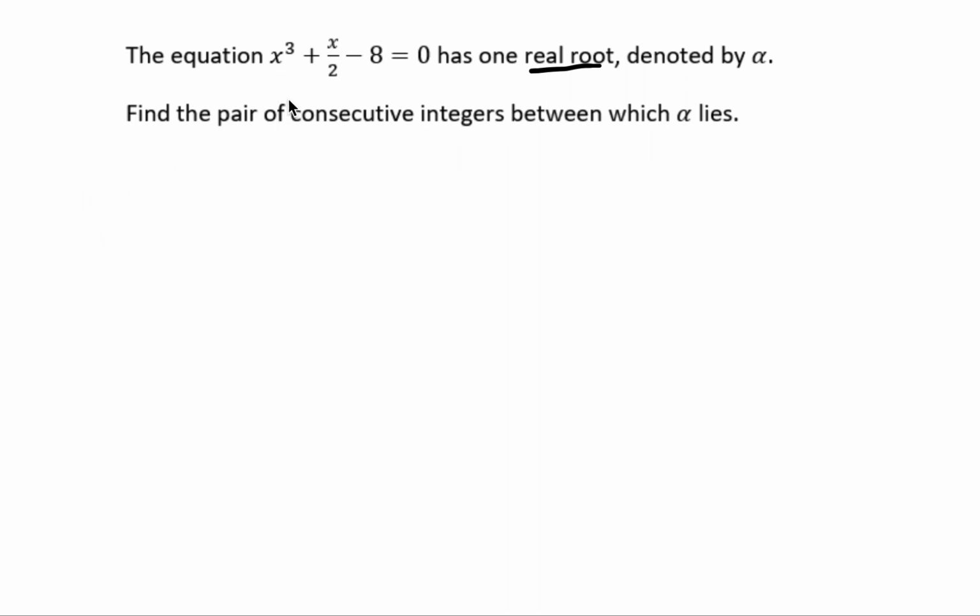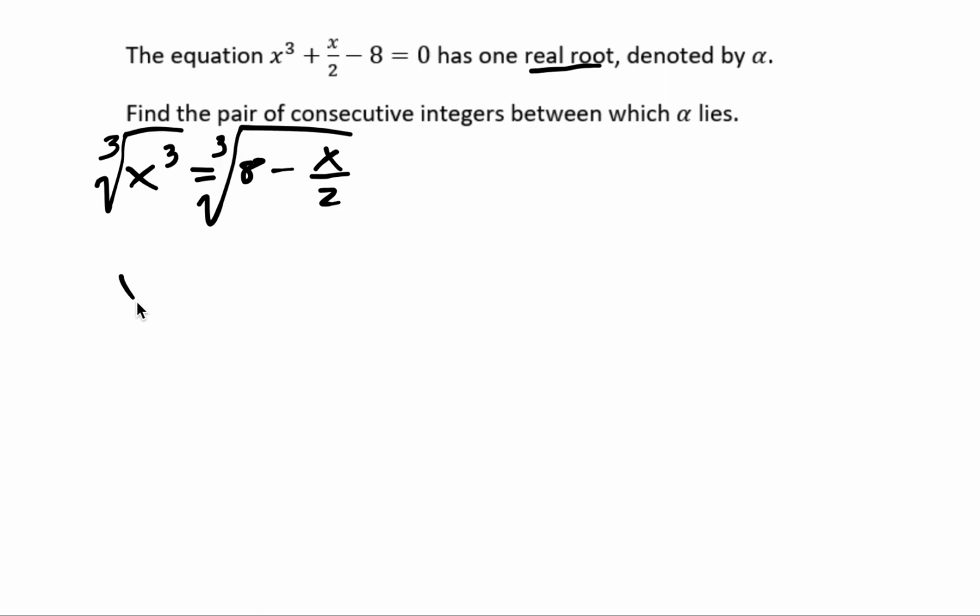The first step, I'm just gonna isolate x cubed: x cubed equals 8 minus x over 2. What I did here is I just moved the 2 terms to the right side. Careful with your sign. What I'm trying to do is isolate the x, so I'm gonna extract the cube roots.